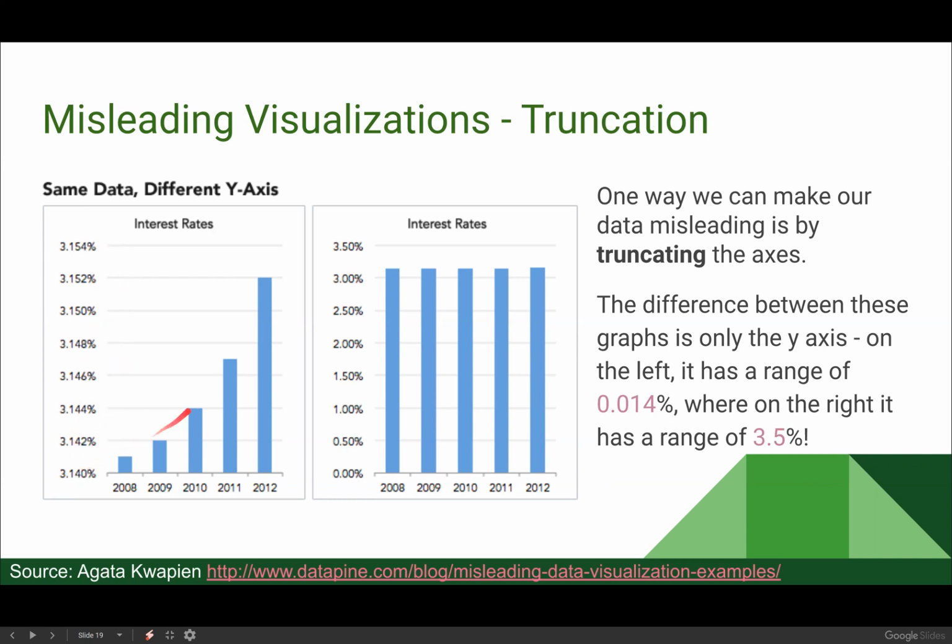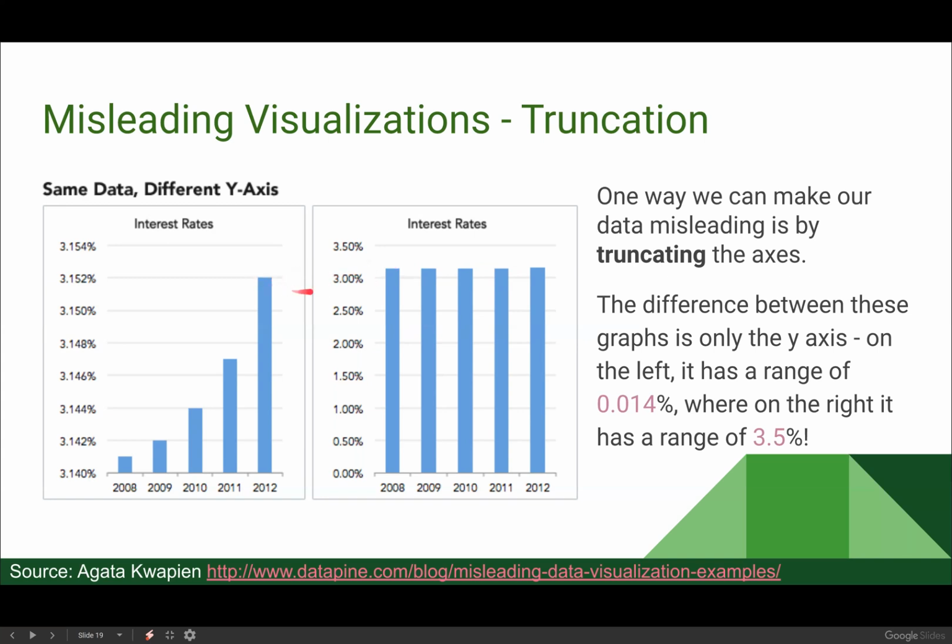So it looks like the interest rates are skyrocketing across the years, whereas if we have our y-axis start at 0 and go up to 3.5, it looks like there's literally no change happening here across our 4 years. That's 5 years. I can count.